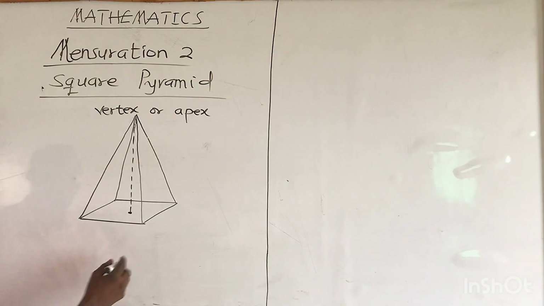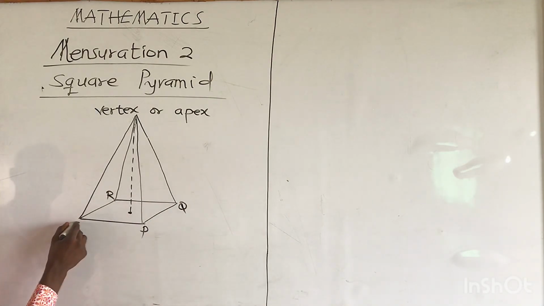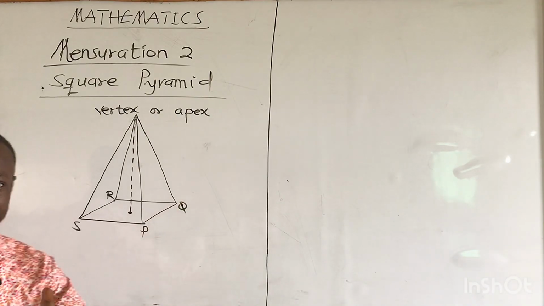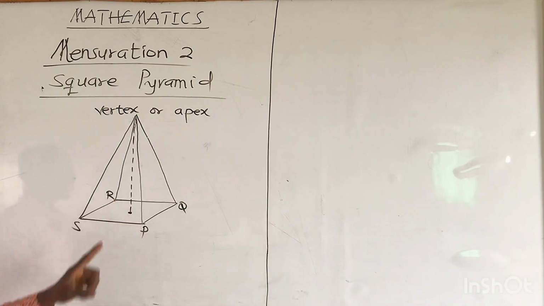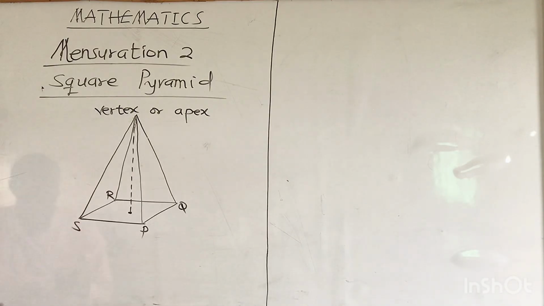So let's name the base to be P, Q, R, S. Because the base is in the form of a square, this means that PQ is equal to QR, it is still equal to RS, and it is still equal to SP.